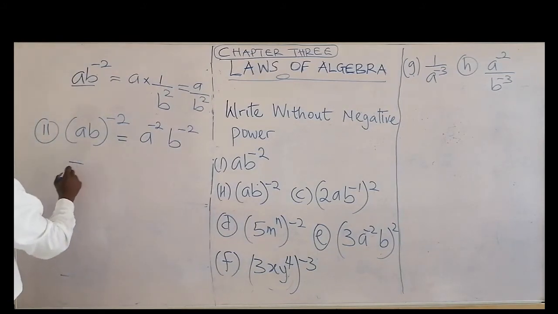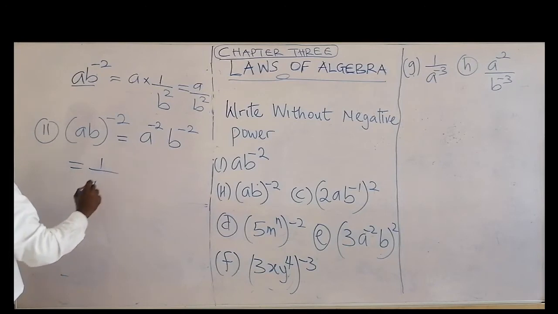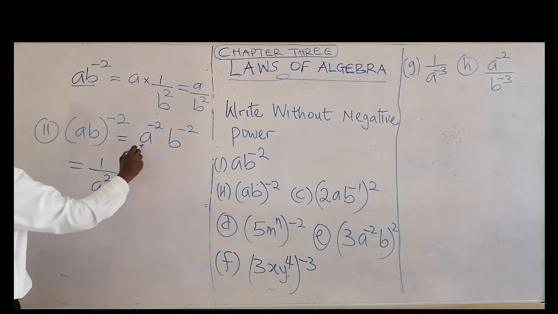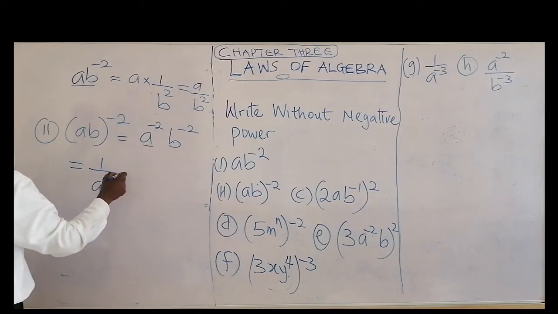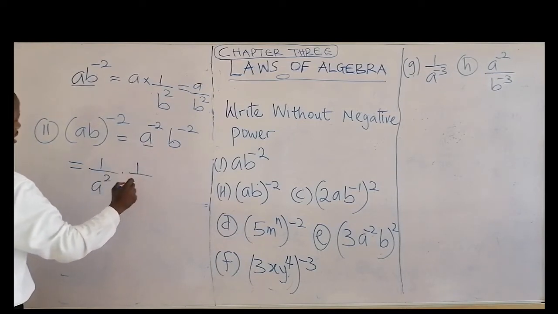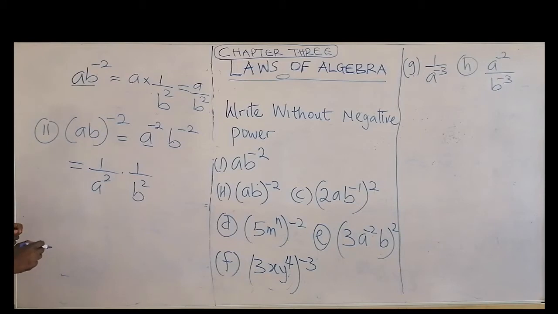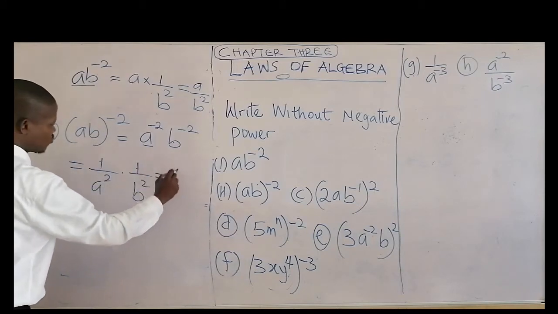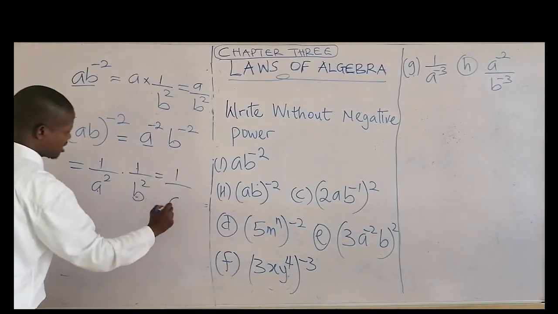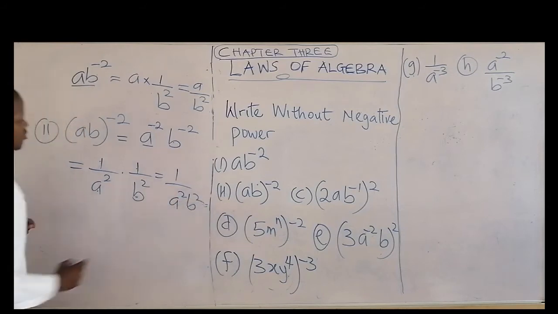So this minus is 1 over a to the power 2, so we have removed the negative power for a. Then for the b, times 1 over b to the power 2. So 1 times 1, that's 1, and this times this, that's a squared b squared. So that finished that one also.